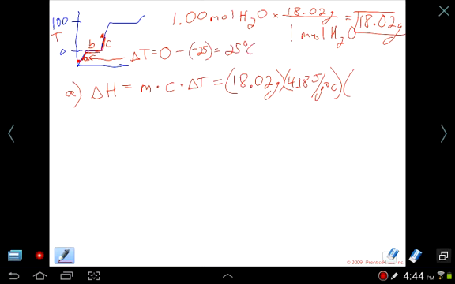And that's how we got our temperature change. If we multiply those three numbers together, we get a value. So go ahead and plug these in, 4.18 and 25. And this gives us 1,883 joules.